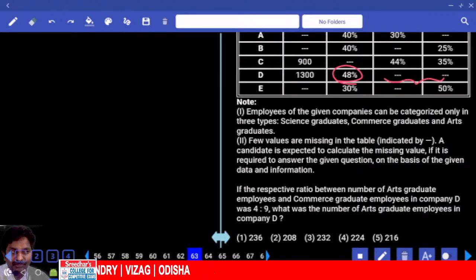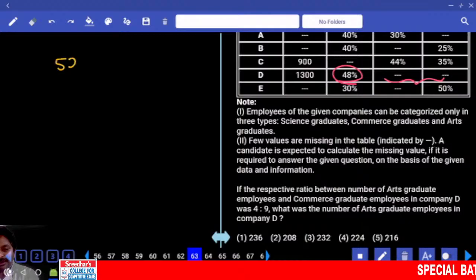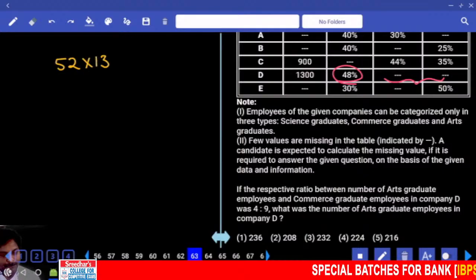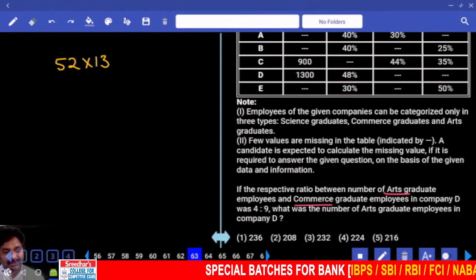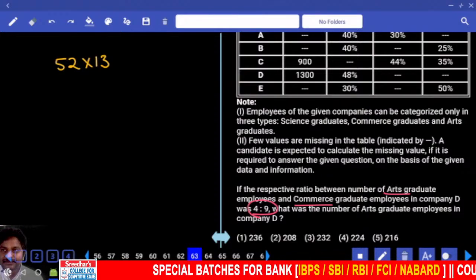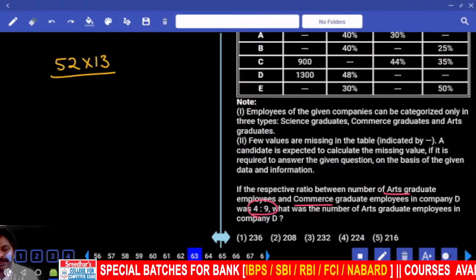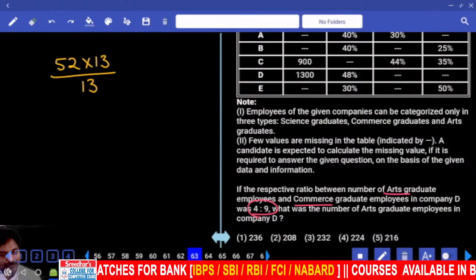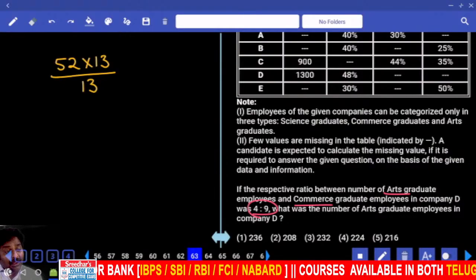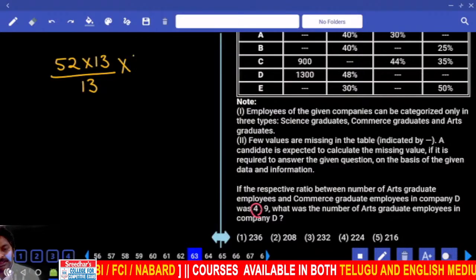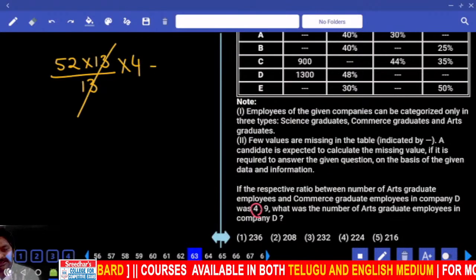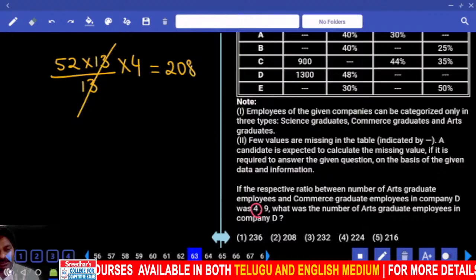Then the other two are equal to 52%, which is 52 into 13 parts, correct? Those people are from arts and commerce. Total how many parts? Then one part is equal to divided by 13. Question is about arts graduates. Arts graduates from the ratio, how many parts? Into 4 only. Cancel. 208.